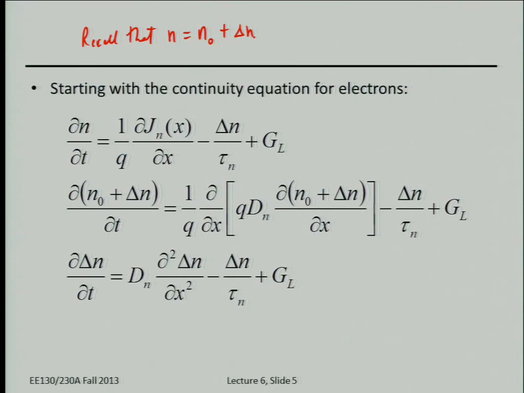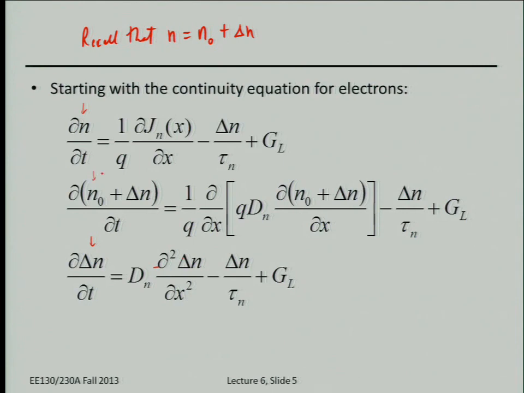Now, the excess concentration can be negative. All we're saying is that we always like to keep track of the carrier concentration relative to the thermal equilibrium value. So if we take the derivative of n, that's essentially equal to the derivative of delta n, because the derivative of this constant is 0.